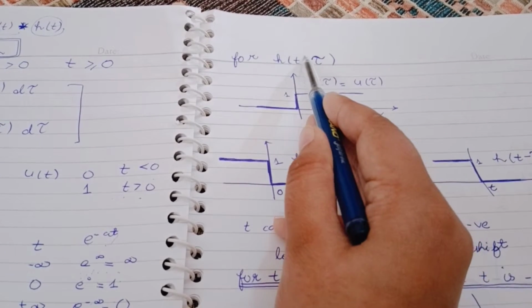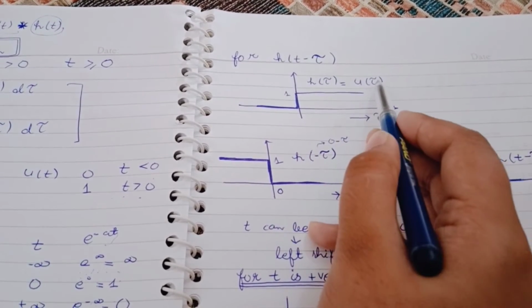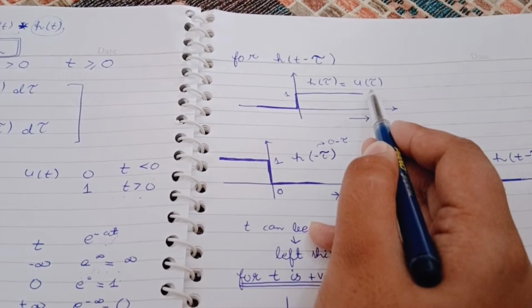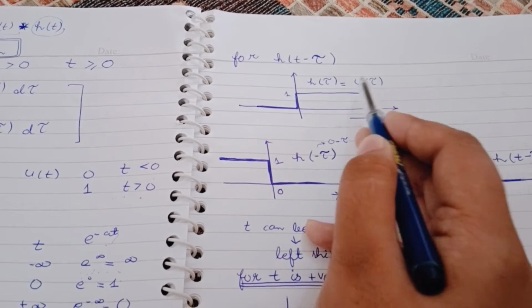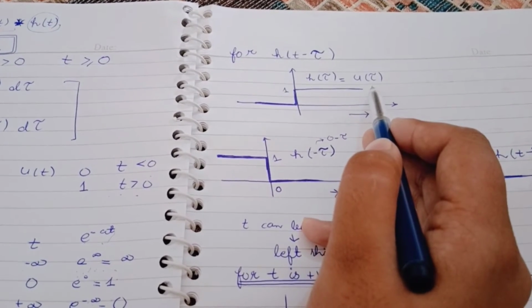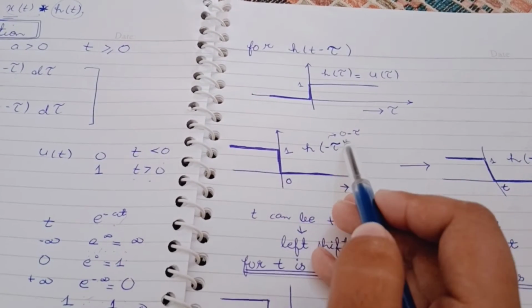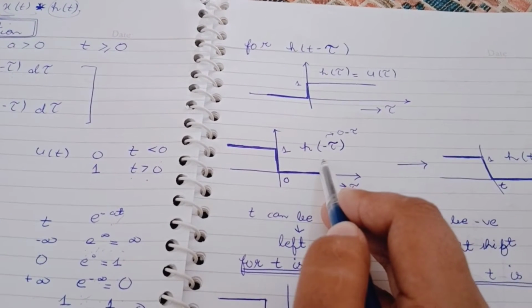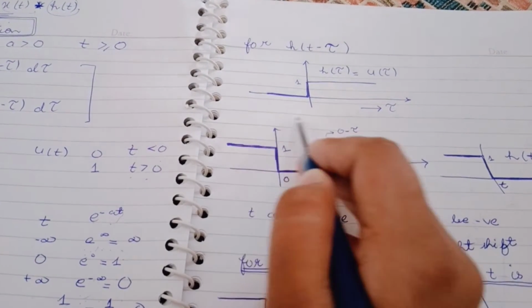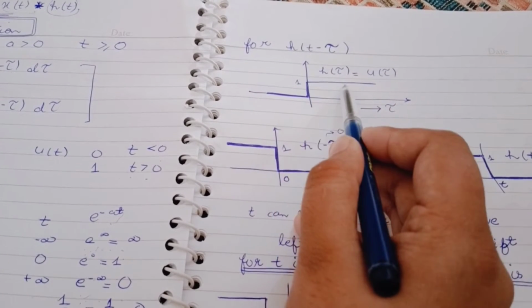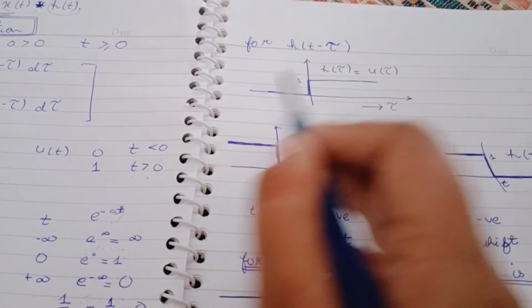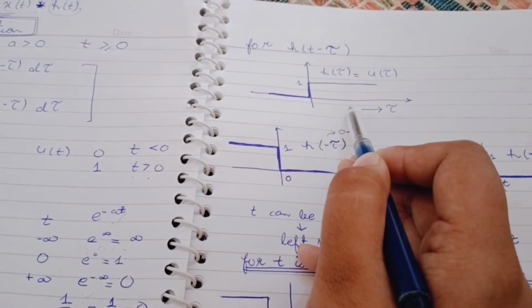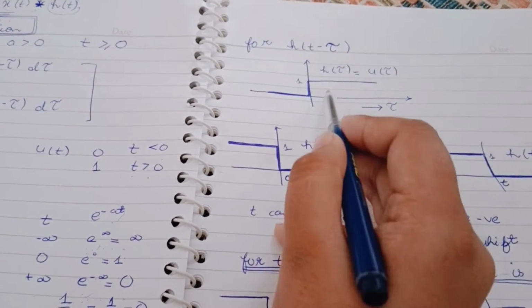Here what is given is minus tau, so this is reversal. I think you know about reversal, shifting and scaling. Here we do the reversal of the function. When you convert t into minus tau, you reverse the whole signal, so this whole signal comes to the left side, and this 0 will come to this side, because we are totally reversing the signal.